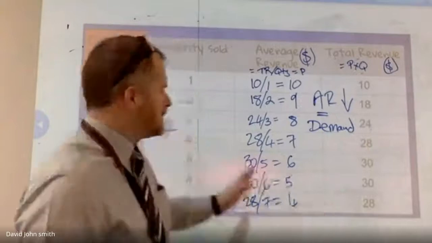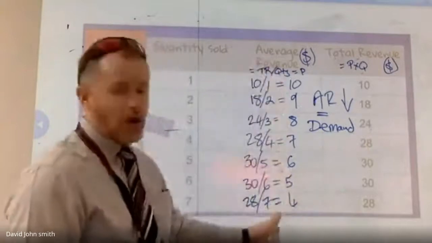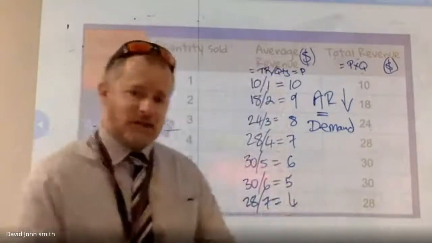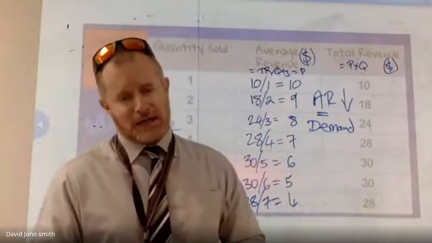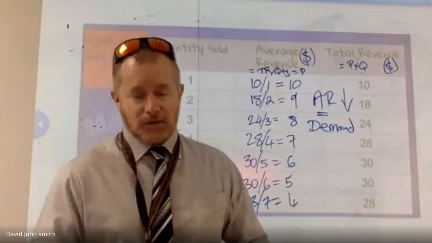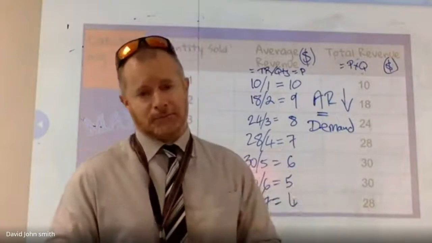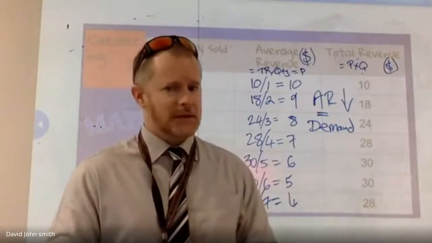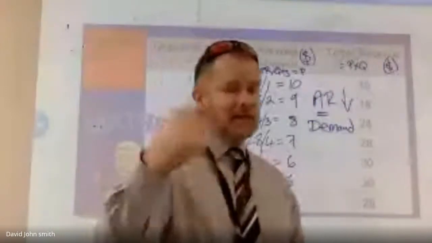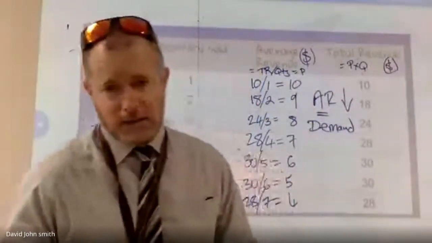And again, because these prices are declining, that makes sense to us because we're very familiar with that idea. That is the law of demand. That means the demand is downward sloping. So we're quite familiar with that. Now that's a little bit more advanced than you need.